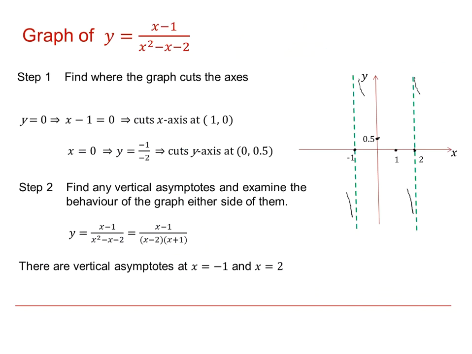Looking at their behavior, the value of y is positive to the right of 2 and negative to the left of 2, and likewise for -1. You can do that by just checking the values either side of those asymptotes.